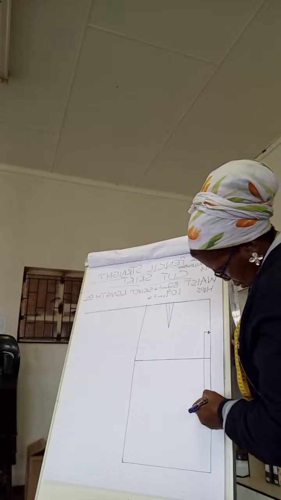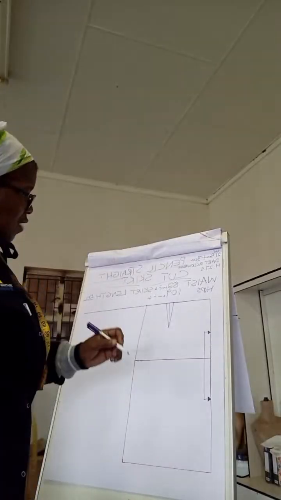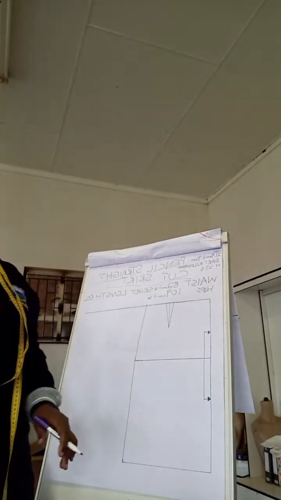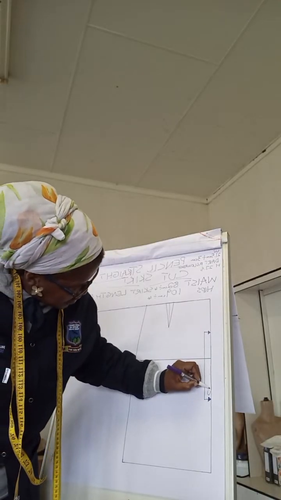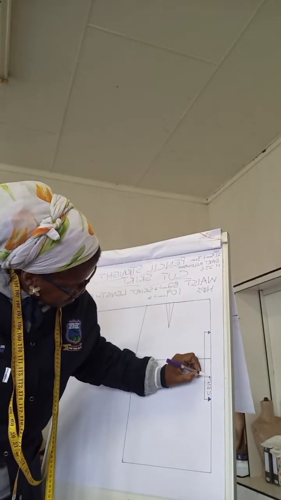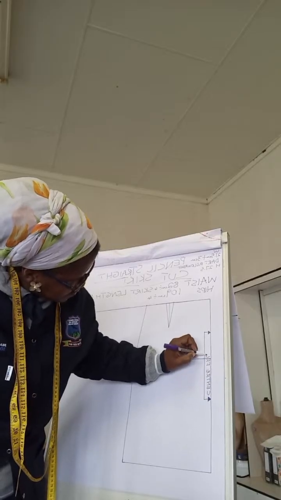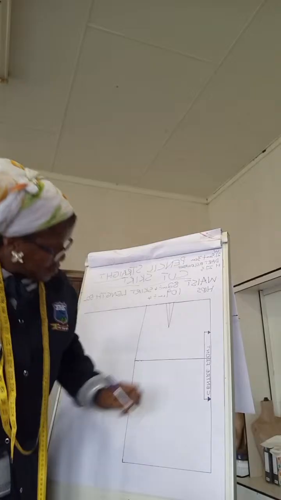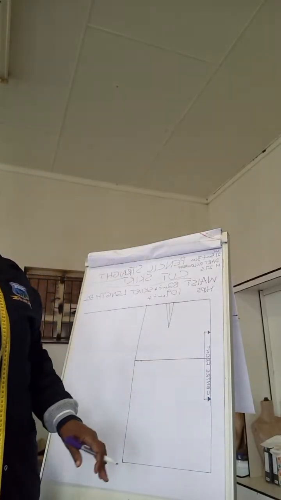This is called your grain line. Now, your grain line is showing that your skirt now is on fold. And then you write center front. Your center front is on fold.